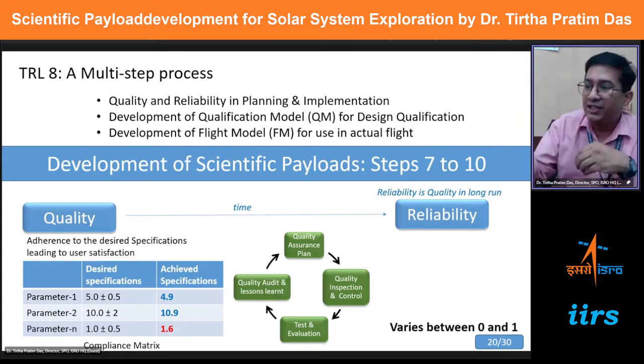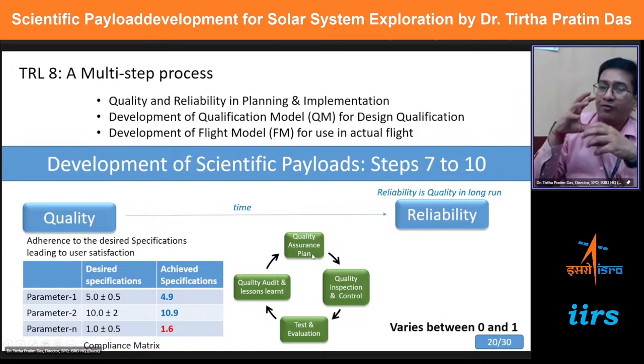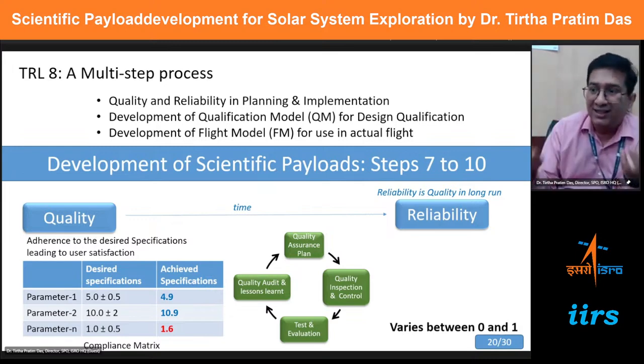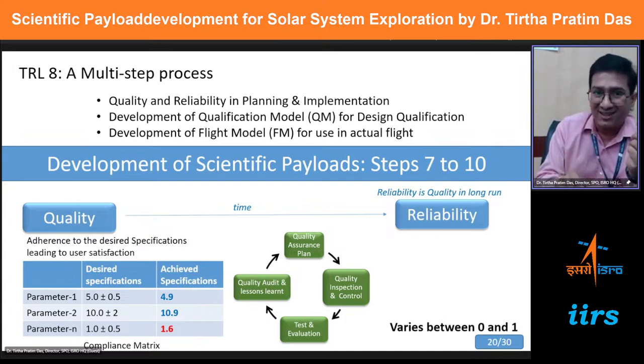And this is ensured by a cycle which is called a quality management system, which has a quality assurance plan: I plan to do these steps to ensure that my device or my final product will have very good quality. That goes as a document, which is called the quality assurance plan or QA plan document.